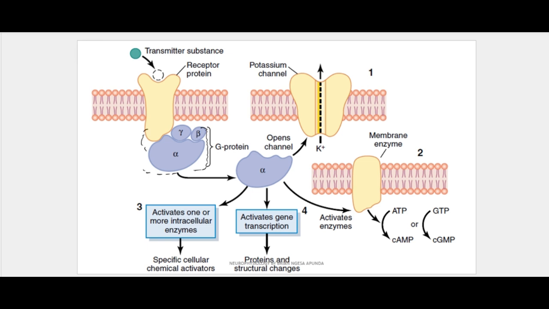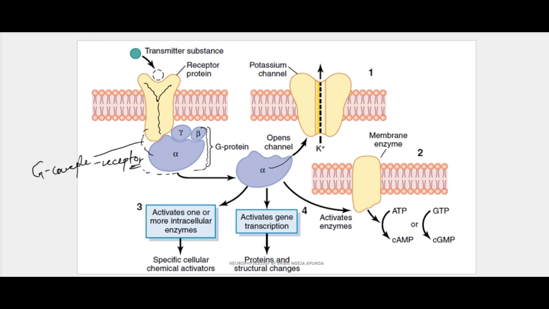So sometimes it can also be referred to as a G-coupled receptor. So that is the second messenger activated system. When a neurotransmitter interacts with this receptor, through using the alpha, the beta, and the gamma subunits, the G protein is able to modulate a lot of physiological activity.